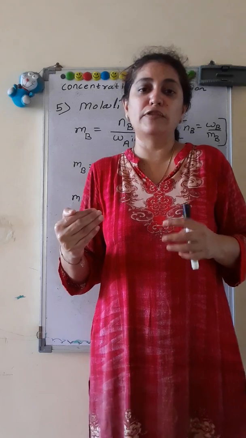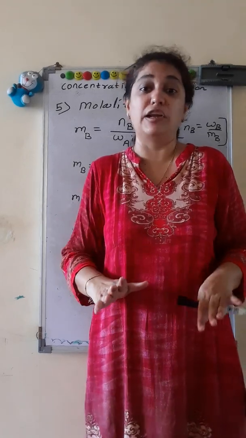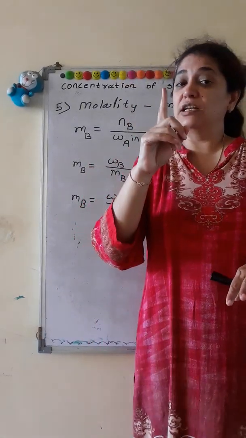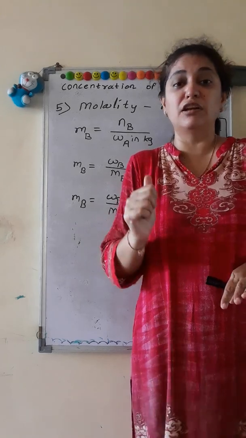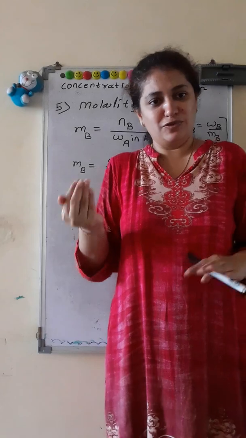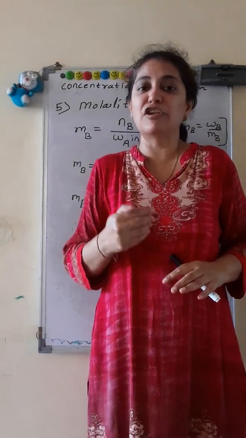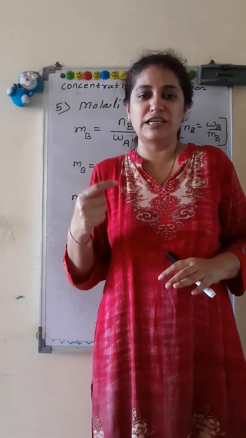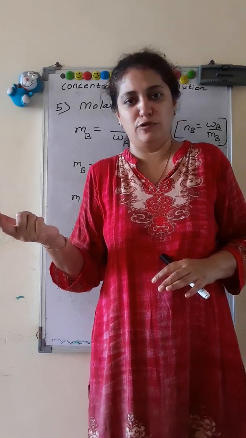Molarity and molality of the same solution will be different, because in one case it is volume of solution, in another case it is mass of solvent. So there it differs, and that difference is based on density, because density is mass upon volume.